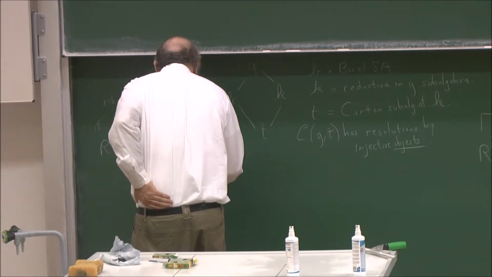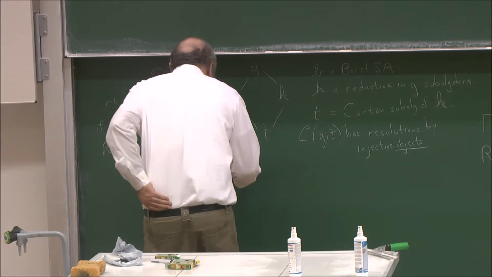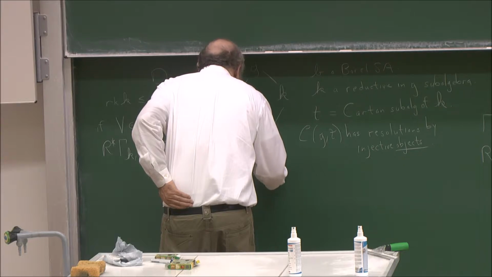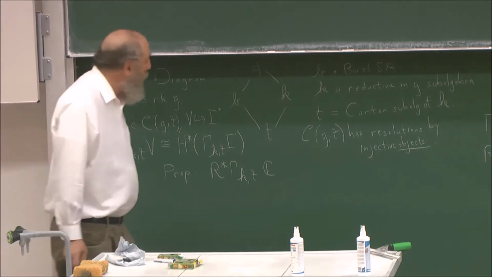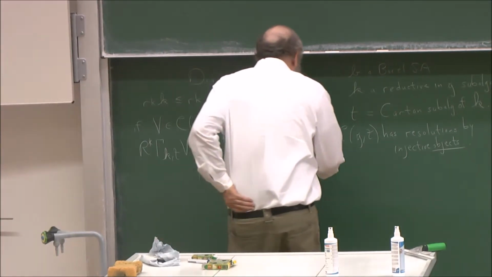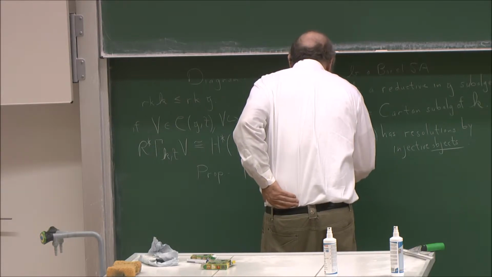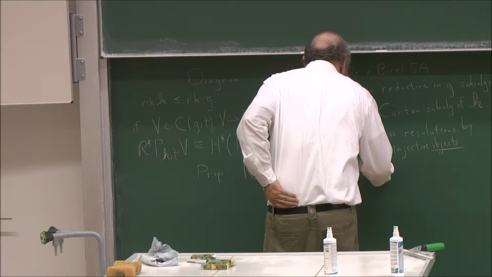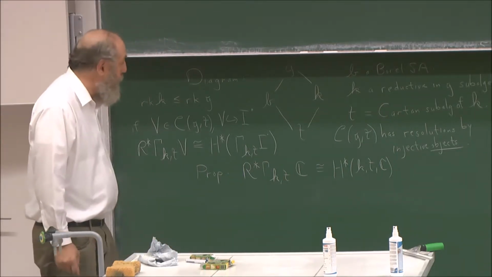If you take R star gamma KT and you apply it to the trivial module, then you get the cohomology of K relative T with trivial coefficients.